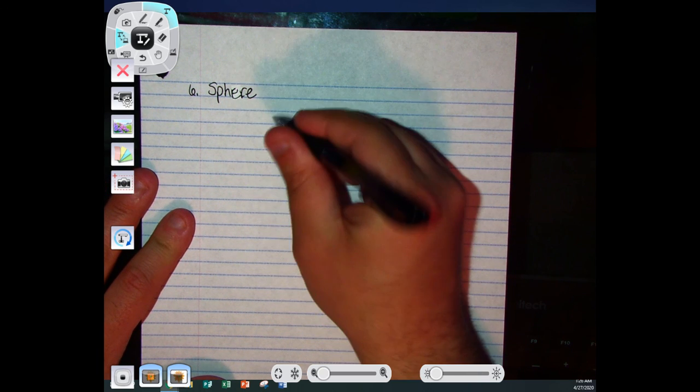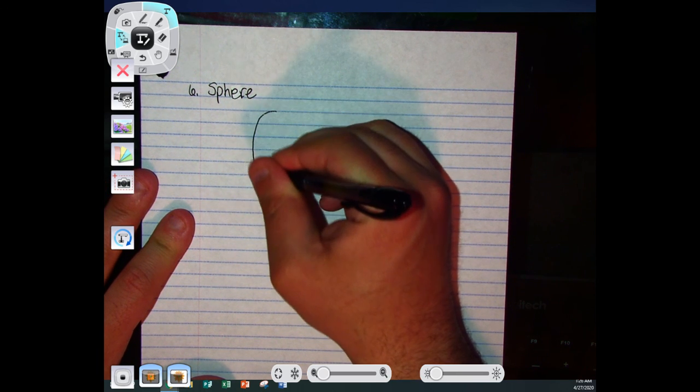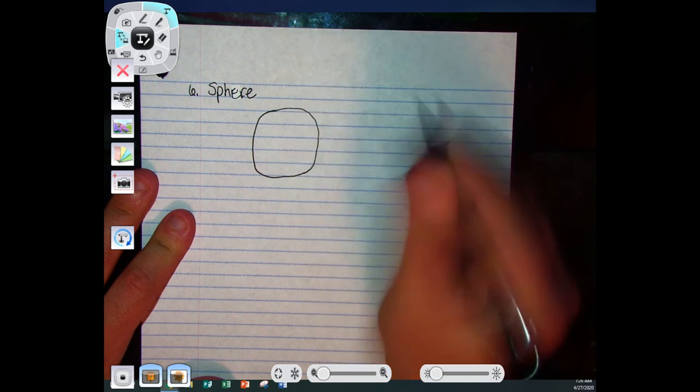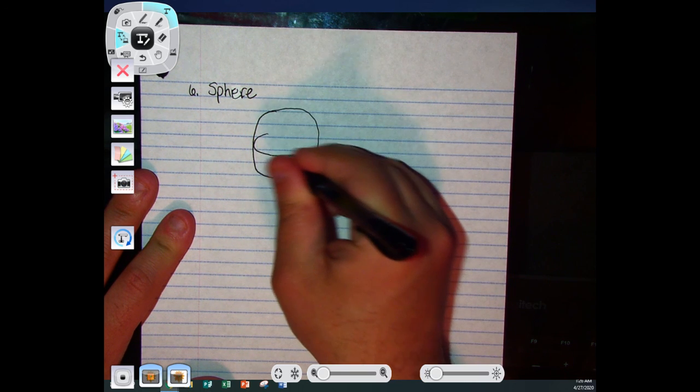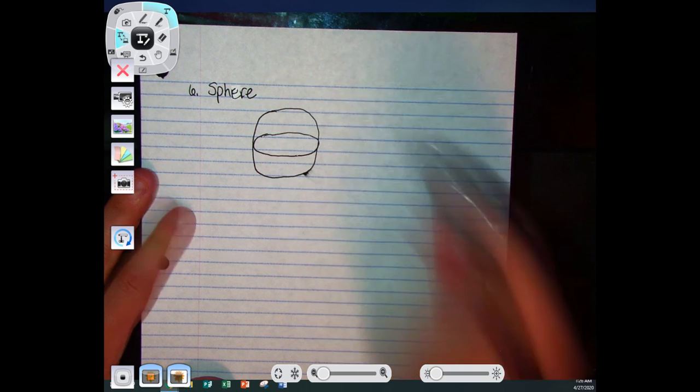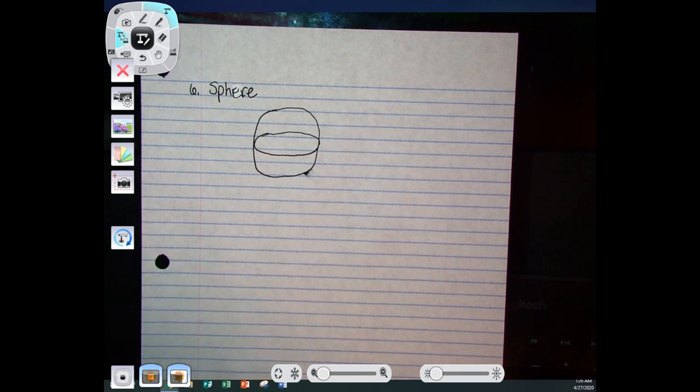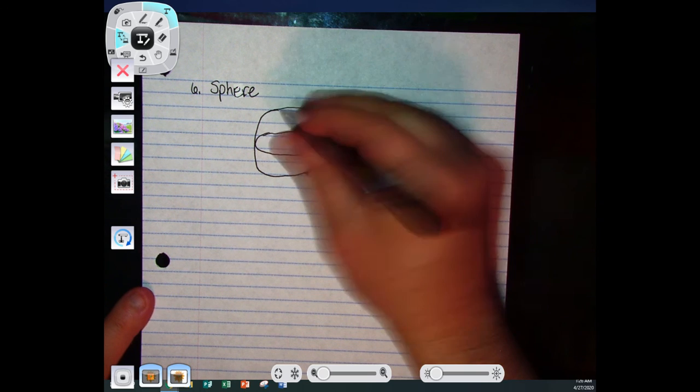For a sphere, I sketch a big circle, and then I sketch a circle inside the middle. Ooh, there's my sphere. To find the volume of a sphere, I only need to know the radius.